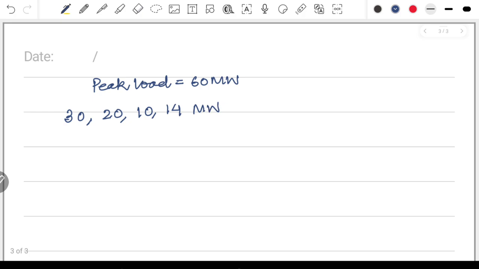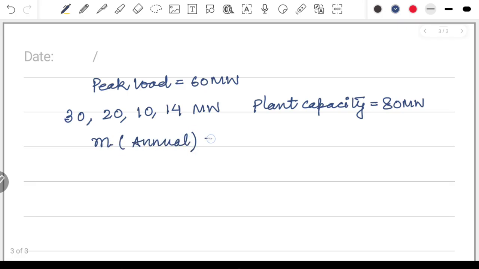Now the capacity of the plant is given to you as 80 megawatt, and the annual load factor on this plant, remember this is annual load factor, is given to you as 0.5. Now you have to estimate the average load on the plant.